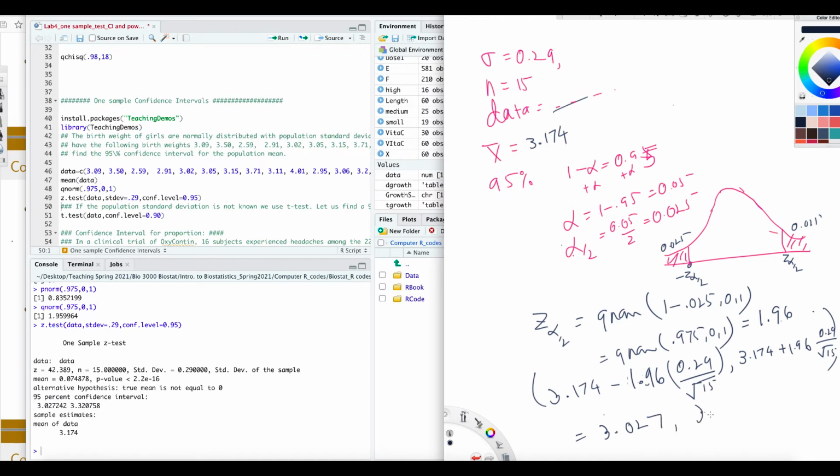And then 3.321, okay? So you will get close to this number. If you get close to it, you will be okay. You may differ because it depends on how many decimal places you take these values, okay? So you will see similar numbers there.